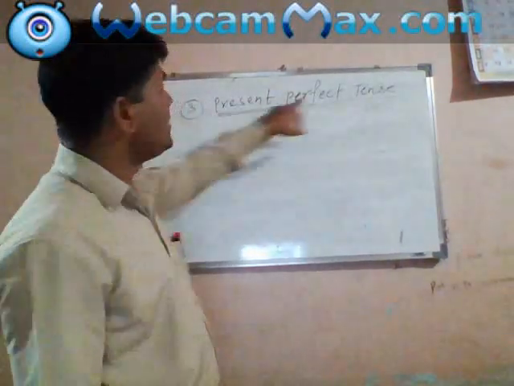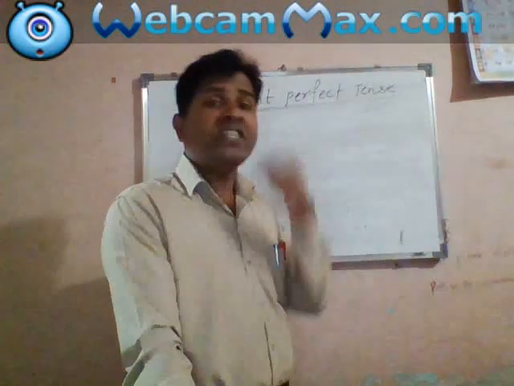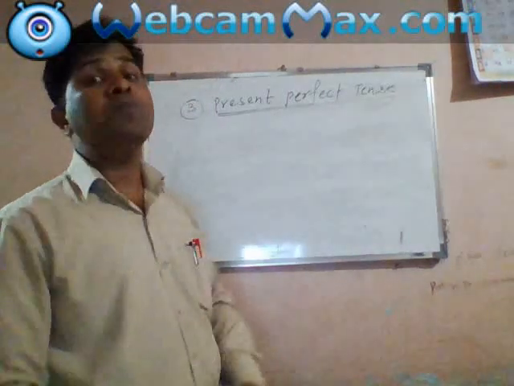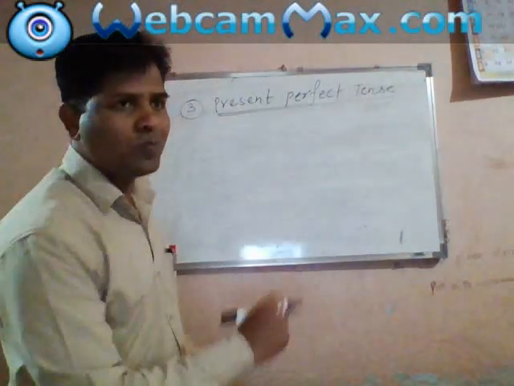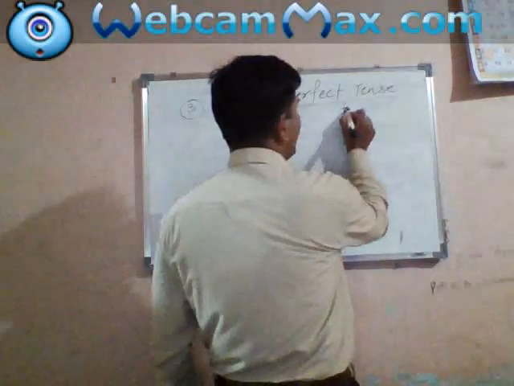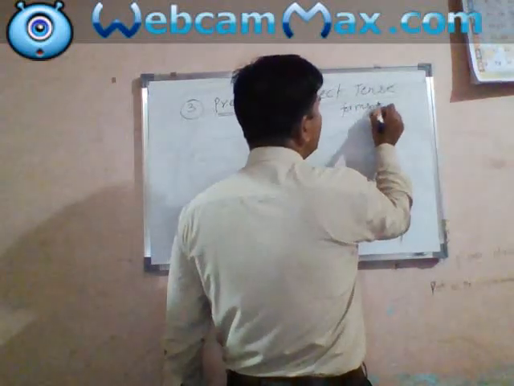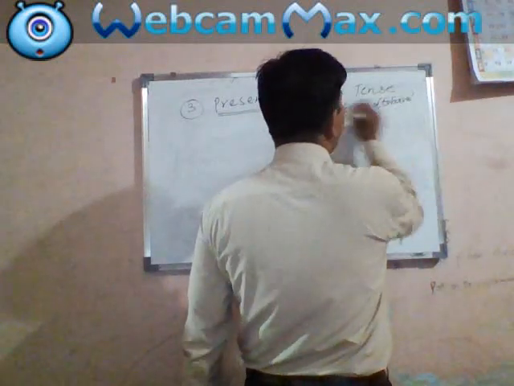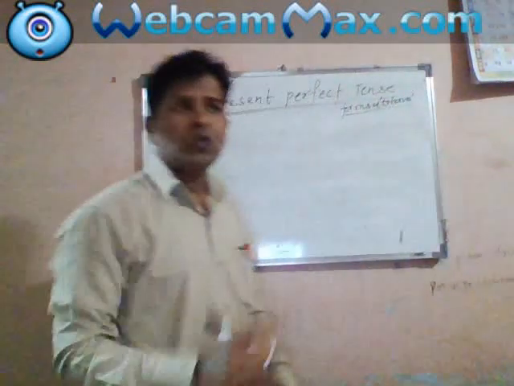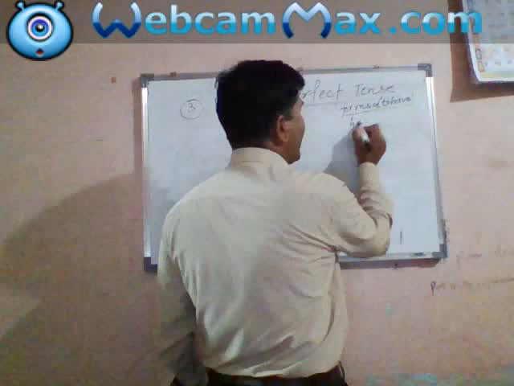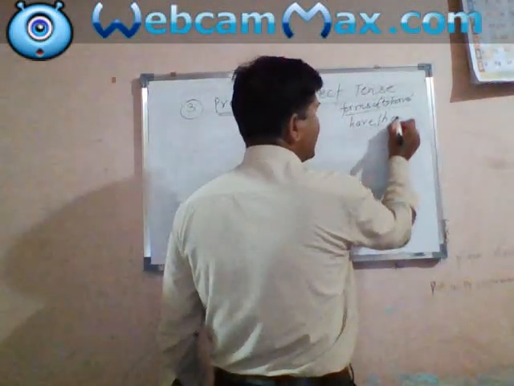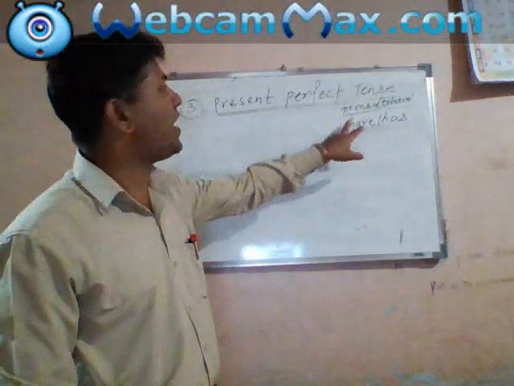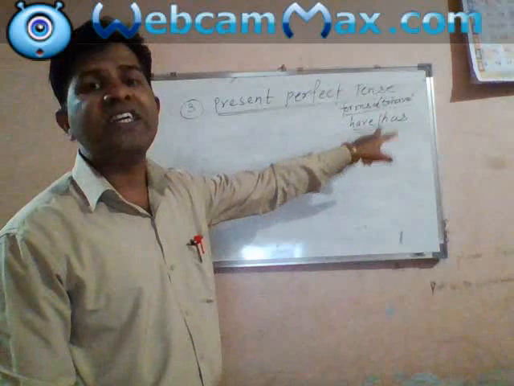And in present perfect tense, which indicative moods do we use? We use forms of to have. Those are have and has.